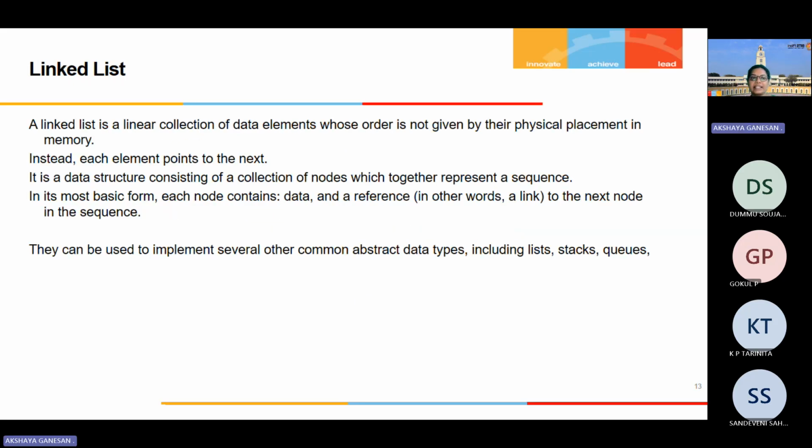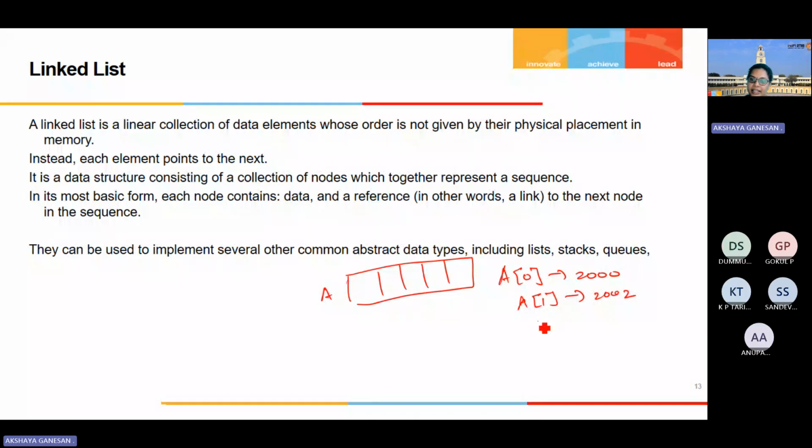So what exactly is a linked list? Now, in the previous session itself, I told you, in an array, we have a continuous location of elements. So say this is A. If A of 0 is available at memory address 2000, A of 1 will be available at 2002, depending upon the data size.